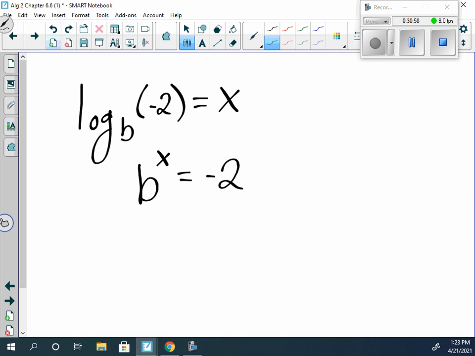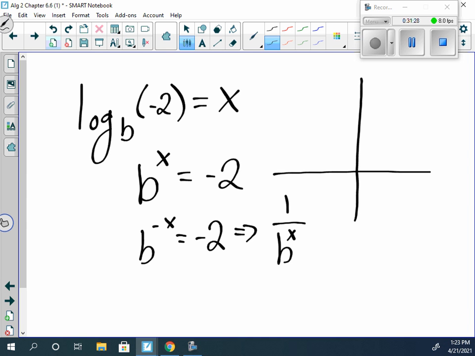Because no matter what this base is, it cannot equal a negative number. Because if we said x is negative, if I have b to the -x equals -2, well, this is just the same as saying 1 over b to the x. Well, we don't have any negatives anymore, and really this here will just approach 0.